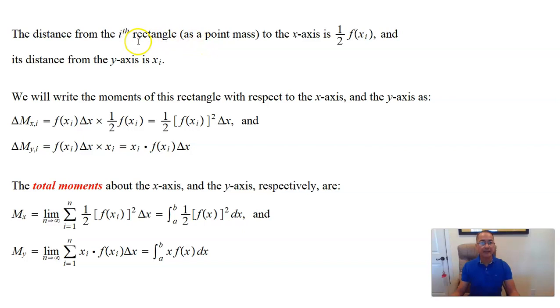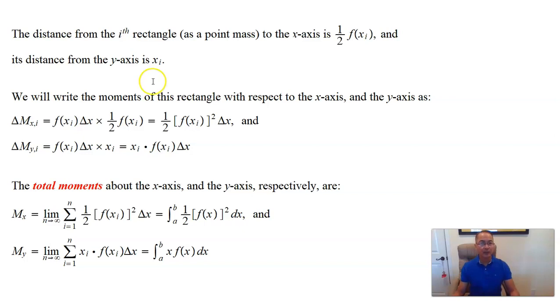So the ith rectangle is at a distance of half of the height from the x-axis. And again, we're thinking of it as a point mass, but its distance from the y-axis is the right endpoint, x_i. And technically, it should be the midpoint, but let's just make it the right endpoint. They're very, very close to each other.